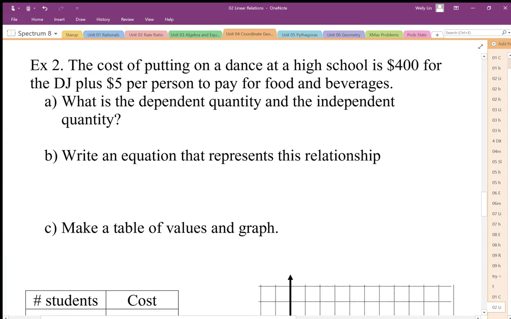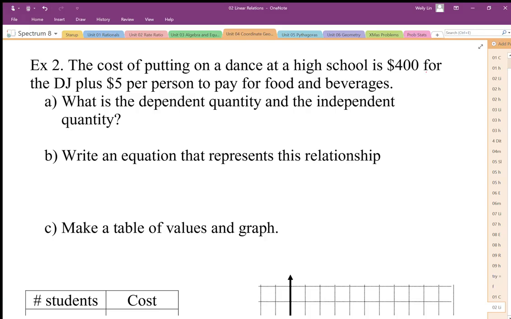Okay, so here's another relationship. We have the cost of putting on a dance and the number of people that are coming to this dance. So the cost of putting on a dance, the high school is $400 for the DJ, plus they have to pay $5 for every person that comes for the food and beverages that they're going to have to buy. So the dependent quantity and the independent quantity.